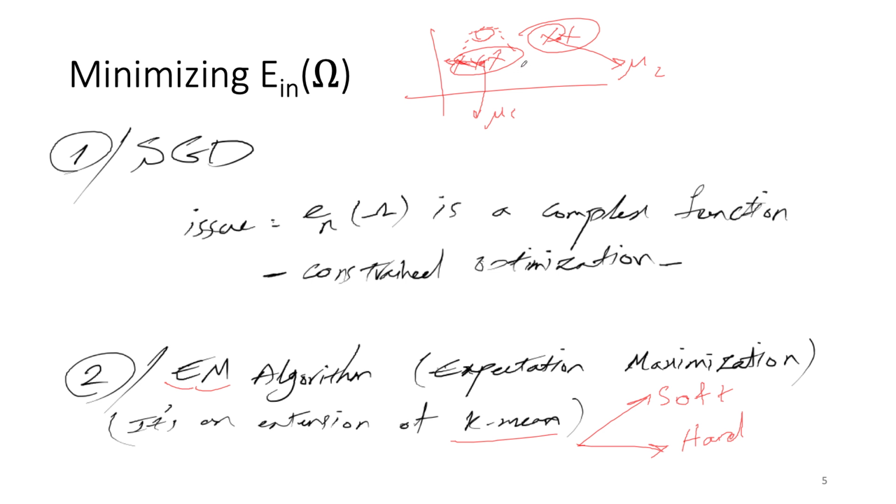As an extension, EM in the hard version also conforms to the same rules, so you can't have overlap between your clusters. But instead of using only Euclidean distance, you use a Gaussian mixture model to compute this distribution. That's why it's an optimized version of k-mean: not only the Euclidean distance to your center point, but the Gaussian distribution as well. In the soft case that we will talk about next week, we allow the clusters to overlap.